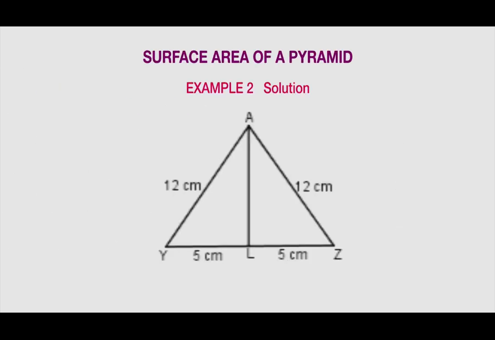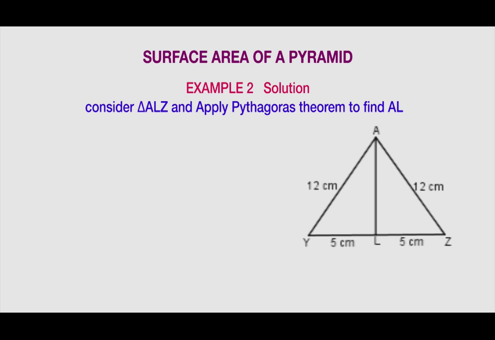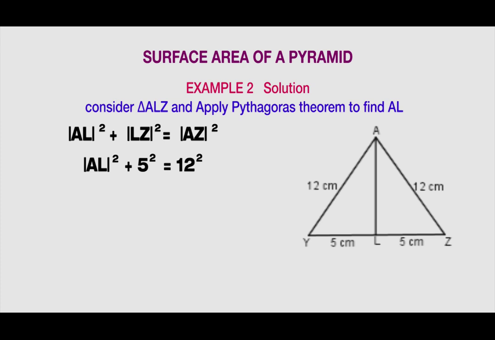Again, let's look at the triangle with base 10 centimeters. We pick one of the right angle triangles, which is ALZ, and we apply the Pythagoras theorem to find the height AL. From the Pythagoras theorem, you have AL squared plus LZ squared equals AZ squared. If you do a substitution, then we will get AL squared plus 5 squared equals 12 squared.